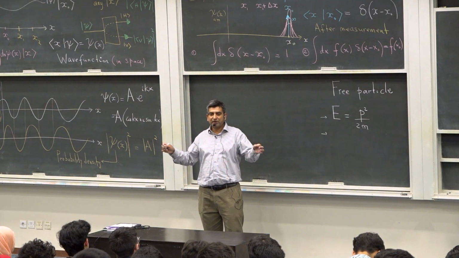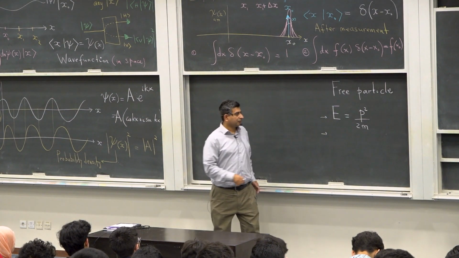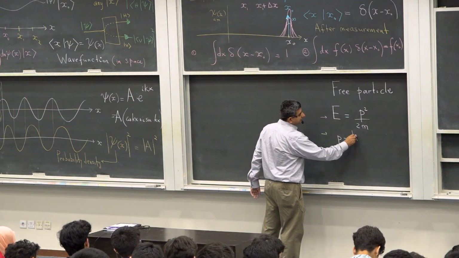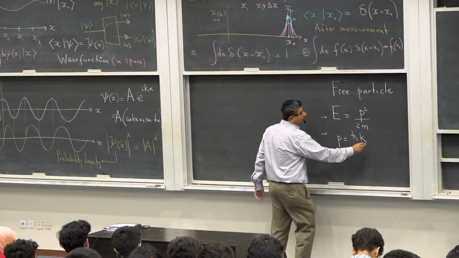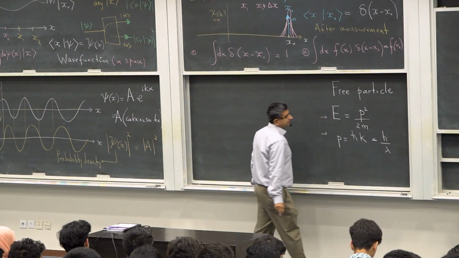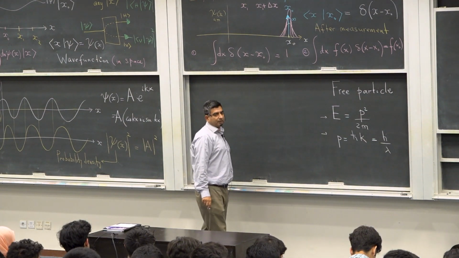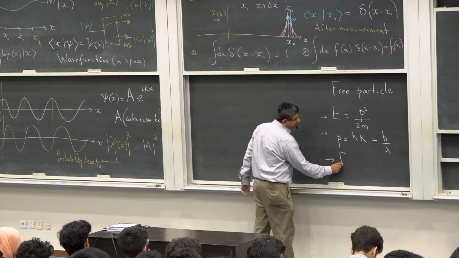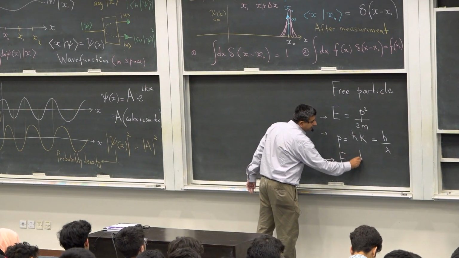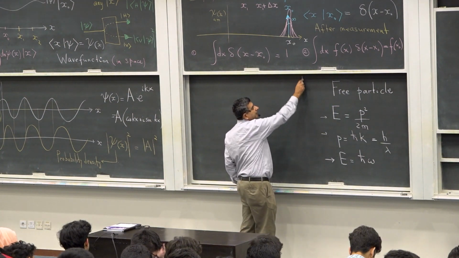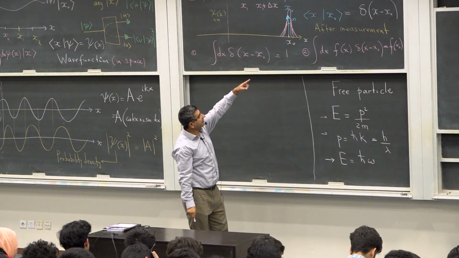That is in fact the wave function. And the wave and the momentum are related. P equals h bar k, or h over lambda. We also know that for a free particle which is in vacuum, we can write this expression E is equal to h bar omega.